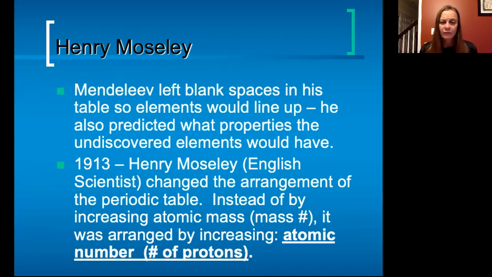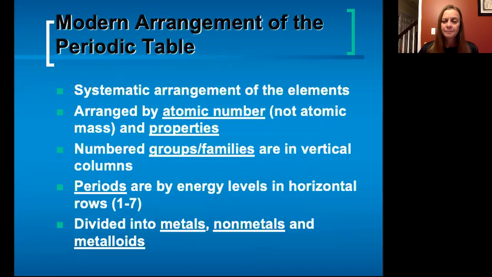And that fixed a few of the problems that they found with Mendeleev's periodic table. So today our periodic table is arranged by atomic number and by properties. Those groups or families are our vertical columns. Our periods are by energy levels in horizontal rows. And then it's divided into metals on the left, non-metals on the stair step, and metalloids on the right.